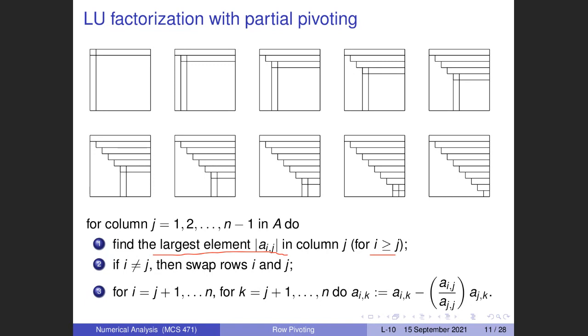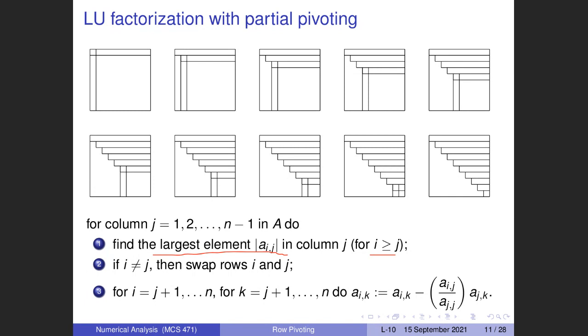If you see on the picture of the progression of the algorithm, we have already reduced the upper right corner of the matrix. So the looking for the pivots goes to smaller and smaller columns.